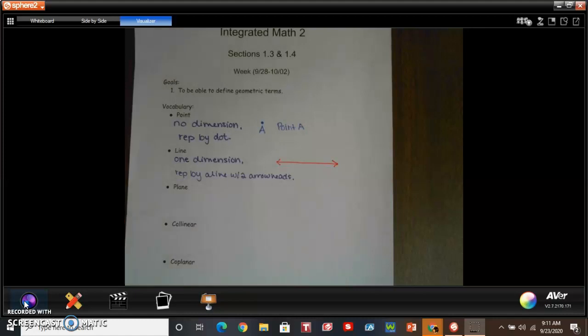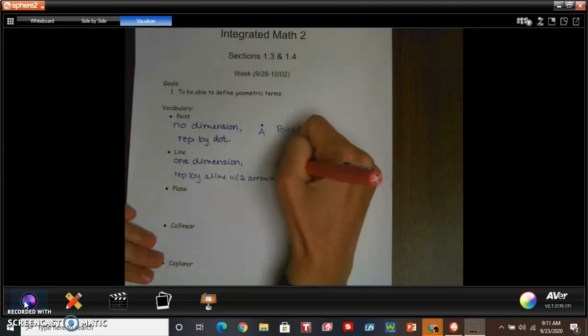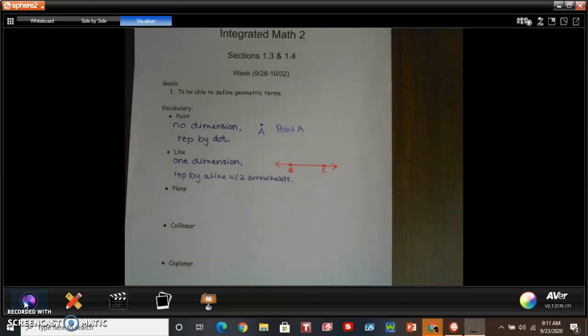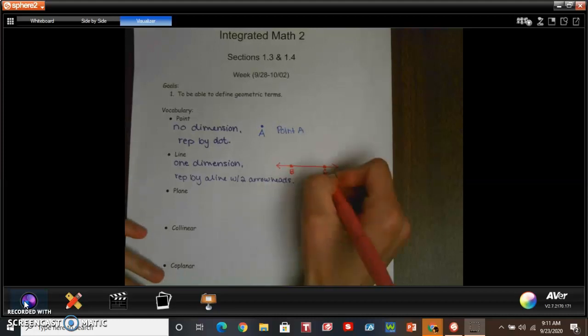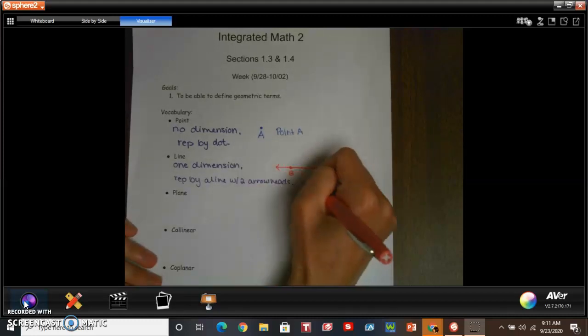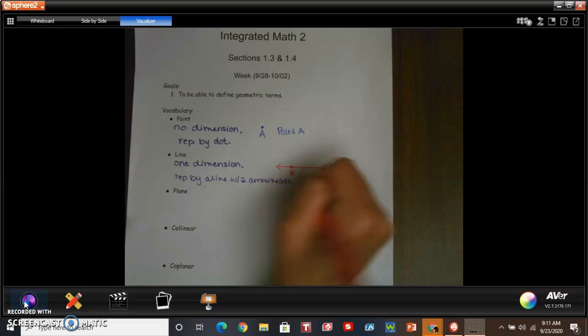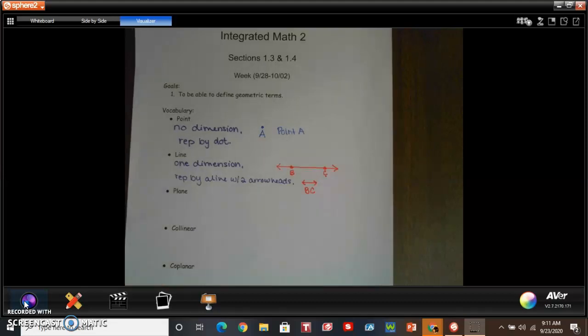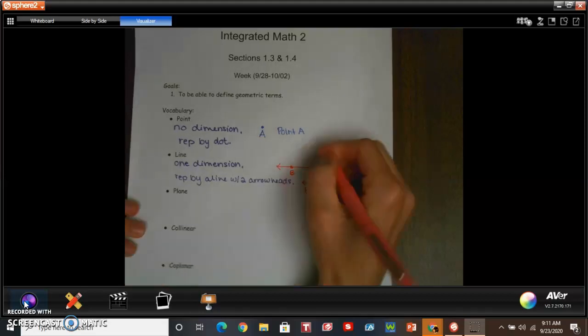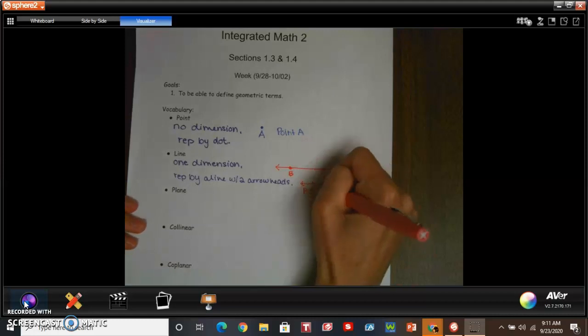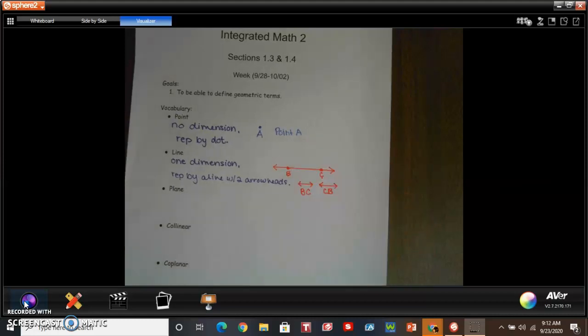Now, how we name a line. There are multiple ways you can name a line. The first way is by identifying 2 dots on that line. So we have dot B and dot C, so we could call this line BC. Do you notice the symbol that I put above my points? That makes it an actual line. You could also call it line CB. Order of the points does not matter.